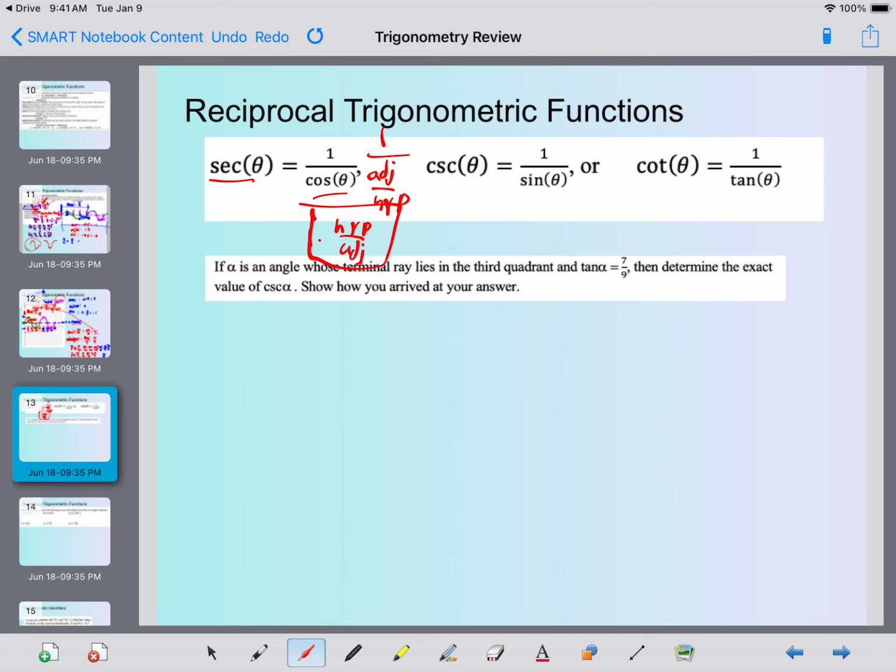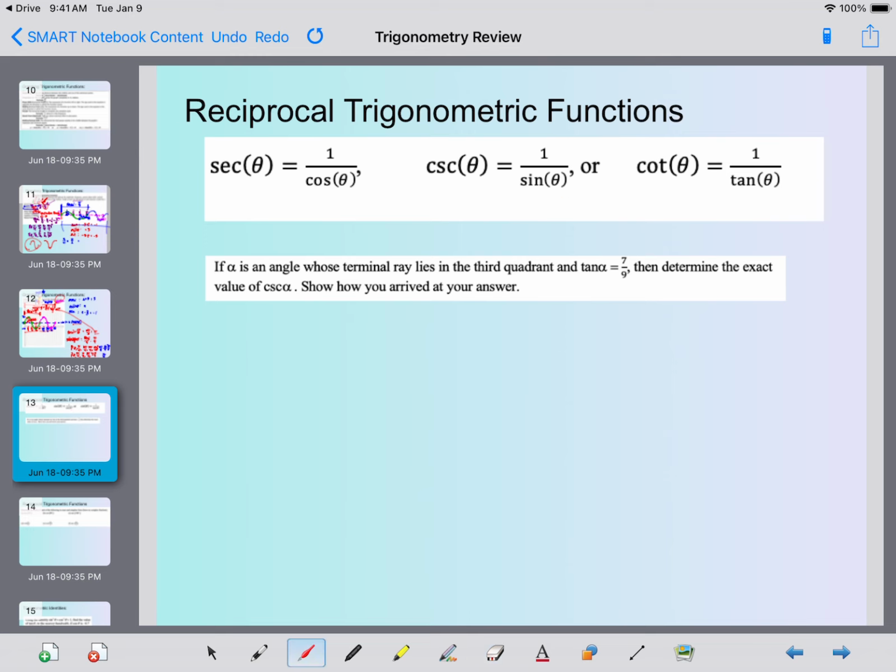Sine is opposite over hypotenuse, so cosecant would be hypotenuse over opposite. Tangent is opposite over adjacent, so cotangent is adjacent over opposite. Again, if you don't like doing it that way, you could just find tangent and then do 1 over that. That's all this is. It's the same exact thing as what we did before.